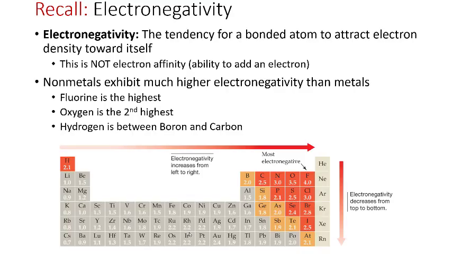So why does a specific material either oxidize or reduce when it is in the presence of a different species? To understand that, we need to bring back the idea of electronegativity. Recall, electronegativity is one of our hallmark concepts in general chemistry that keeps coming back over and over again. Electronegativity is the tendency for a bonded atom to attract electron density towards itself.